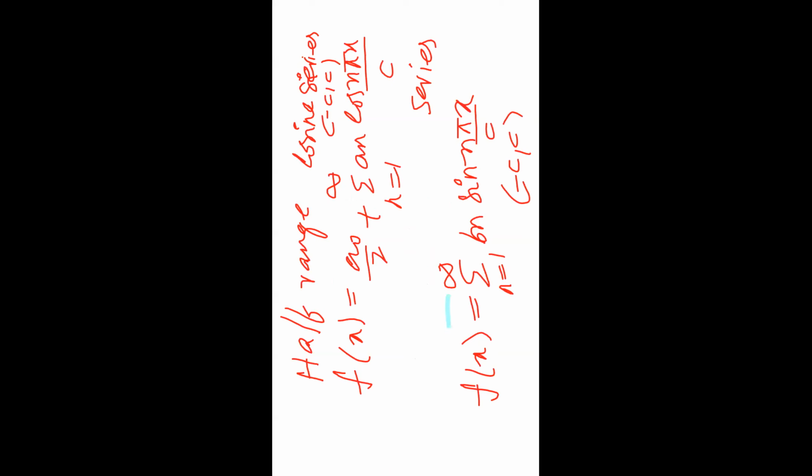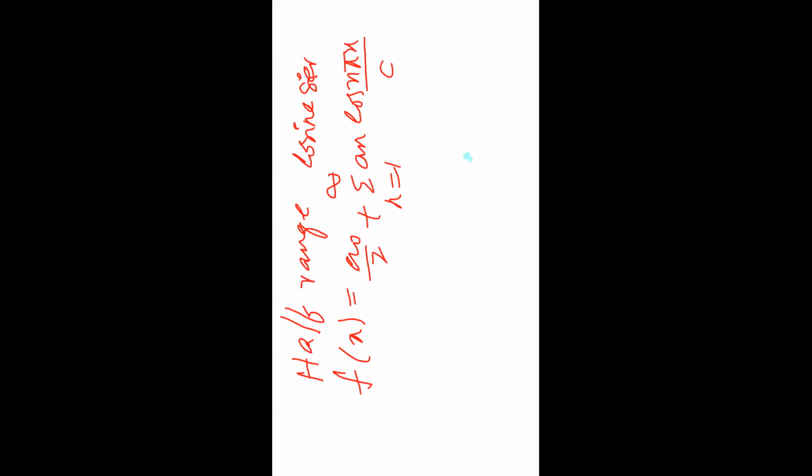So I completed the formula for the half range cosine series. The series of f of x equals a naught by 2 plus sigma n equal to 1 to infinity a n cos n pi x by c, where a naught is defined as 2 by c integral 0 to c. So why do we write 2 by c?